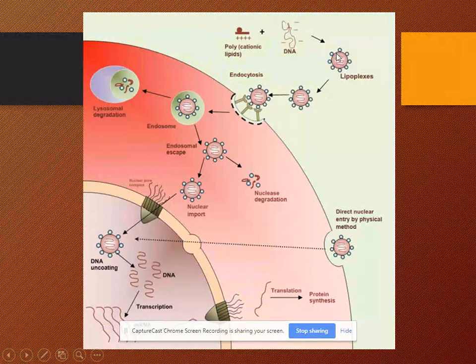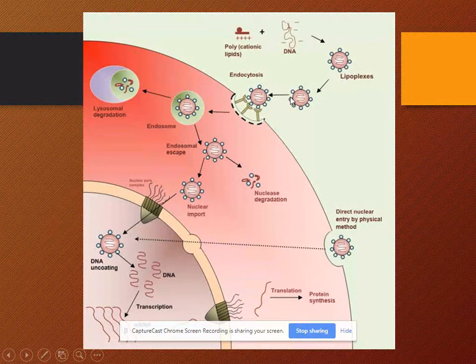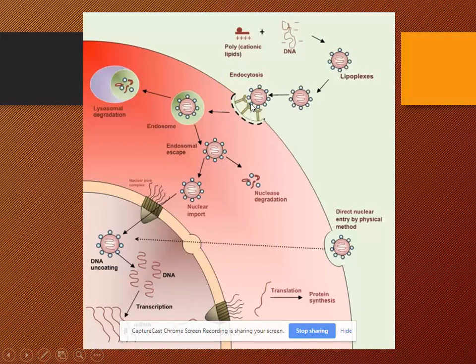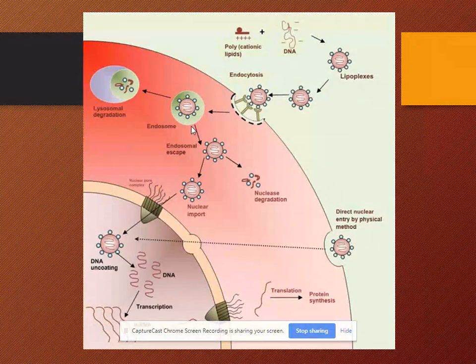I have this compound, it has a certain molecule shape at the end as it comes to the cell membrane. There are actual receptors that are going to receive this signal or this molecule. And as it receives it, it's going to form the vesicle, and then that vesicle is going to move into the cell.